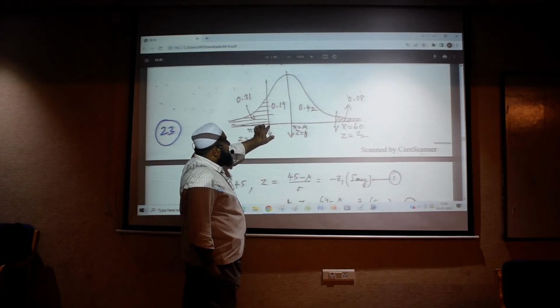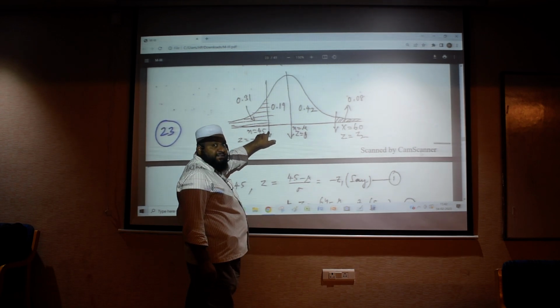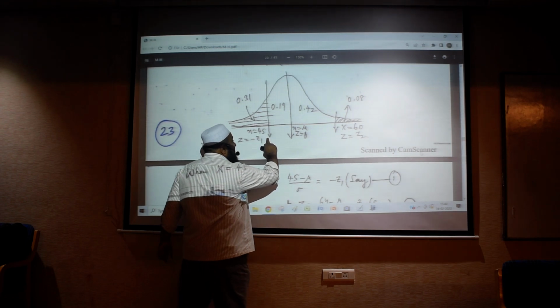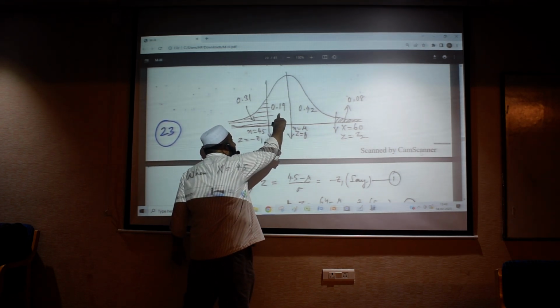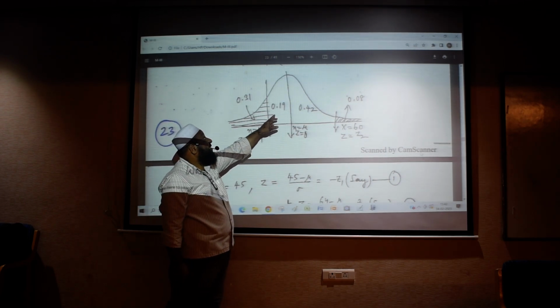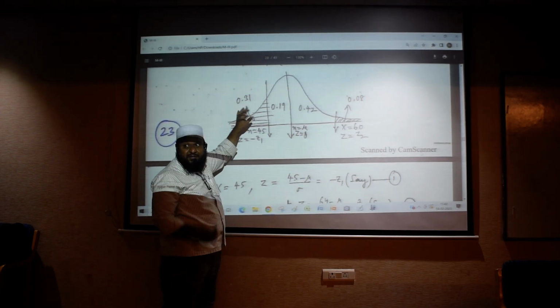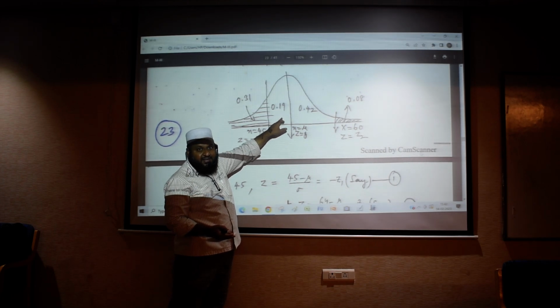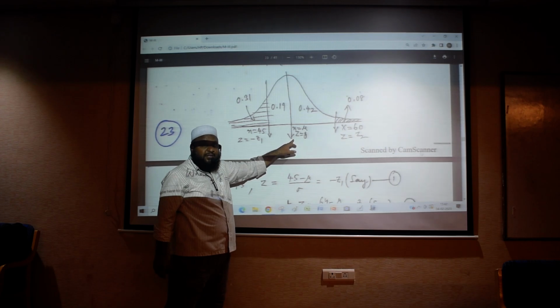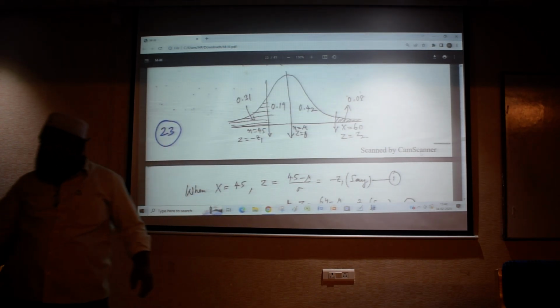Be careful here. Minus z1 to 0 is given as 0.19. Actually, it is not given directly, but indirectly it is given. So minus z1 to 0 is 0.19. That is what I am writing here.